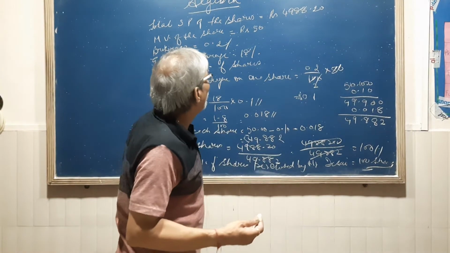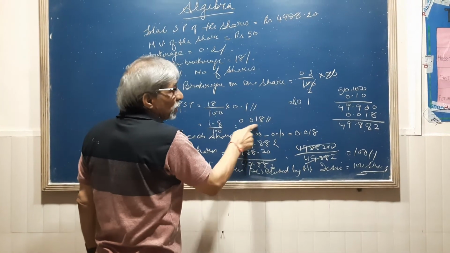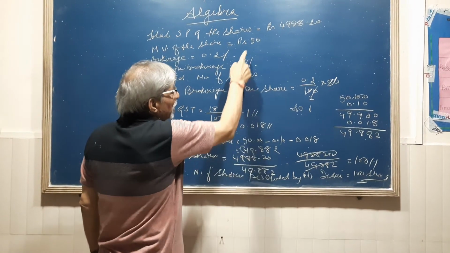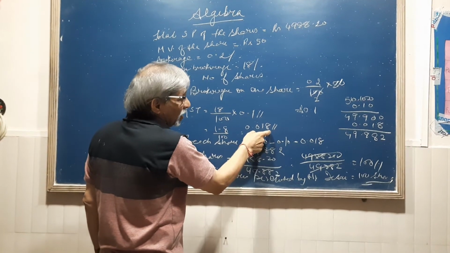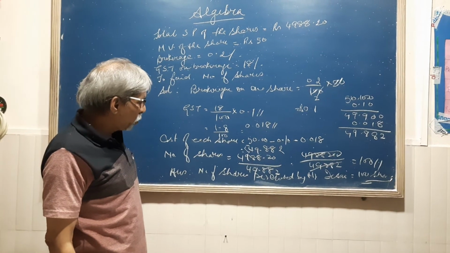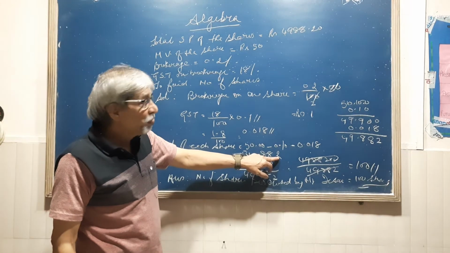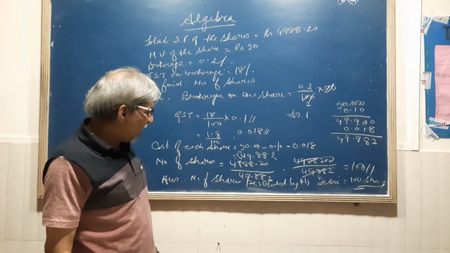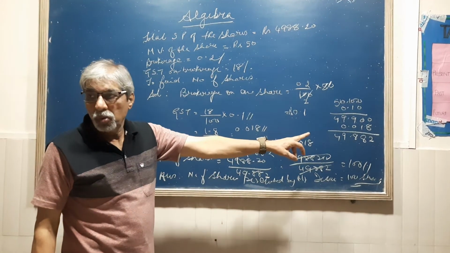So first you found the brokerage on 50 rupees, then you found the GST. From each share you minus the brokerage as well as the GST. That gives you the price of each share as rupees 49.882. So 4,988.20 divided by 49.882 gives you 100.